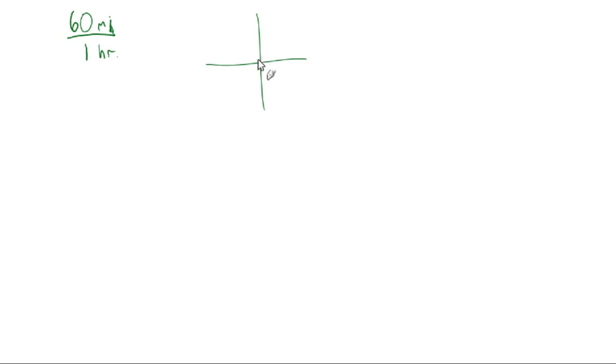So 60, there's 60 marks right there. 60 miles to 1 hour. Okay. So there, after 1 hour, you would be 60 miles away, and then you would keep doing that, and it would create a line if you're driving 60 miles an hour all the time.